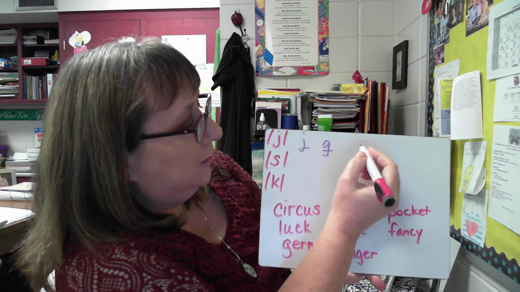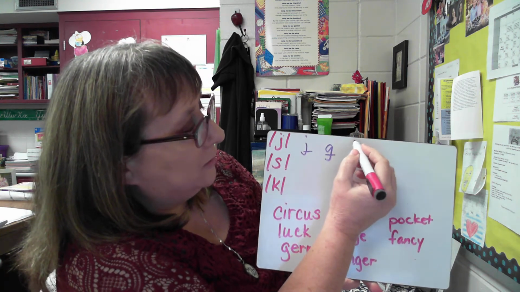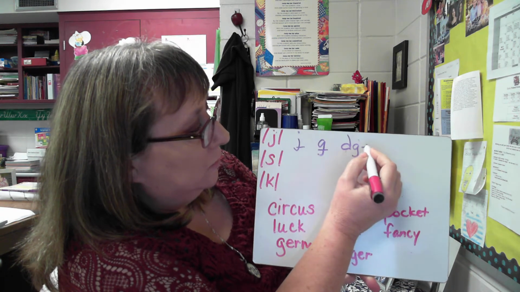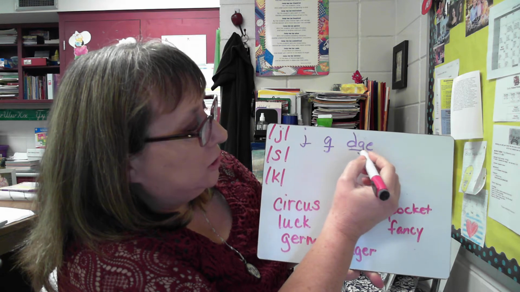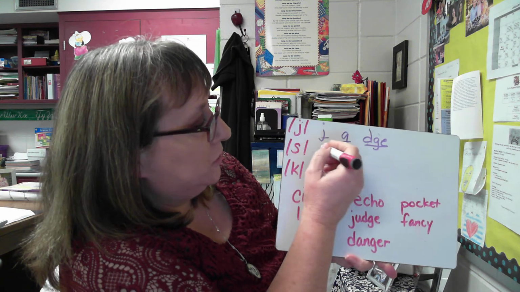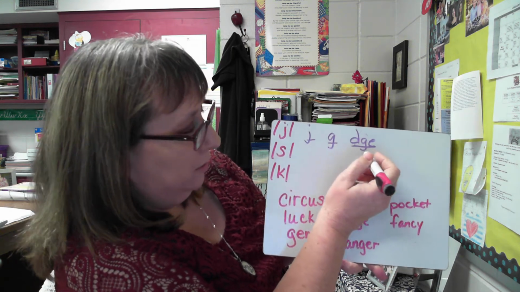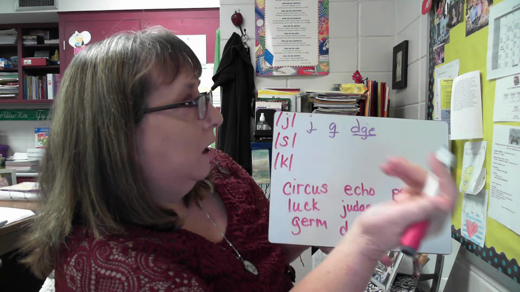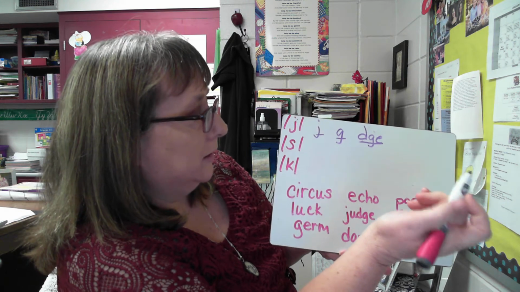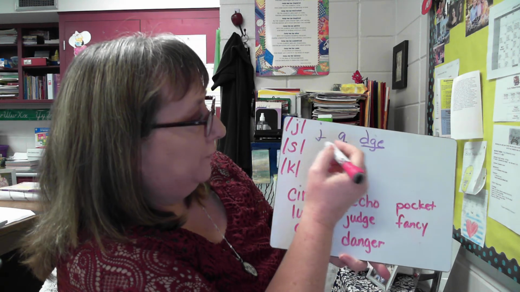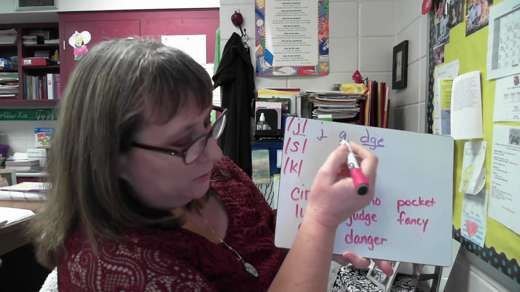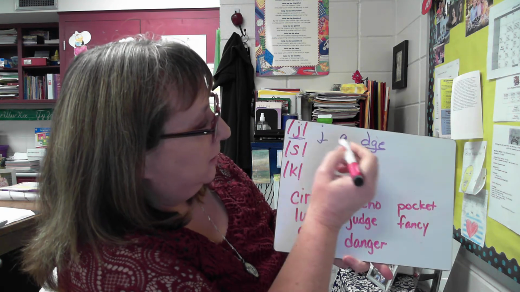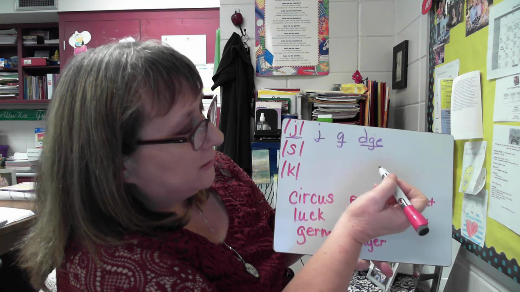And then we have three letters that make the j sound, which is D, G, E. So if you see these within a word, you're going to think j, or you're going to think what their owner is. Like the G could be a g or a j. But for this week, we're learning to spell words that have the sound of j, and these are the letters that can represent that sound.